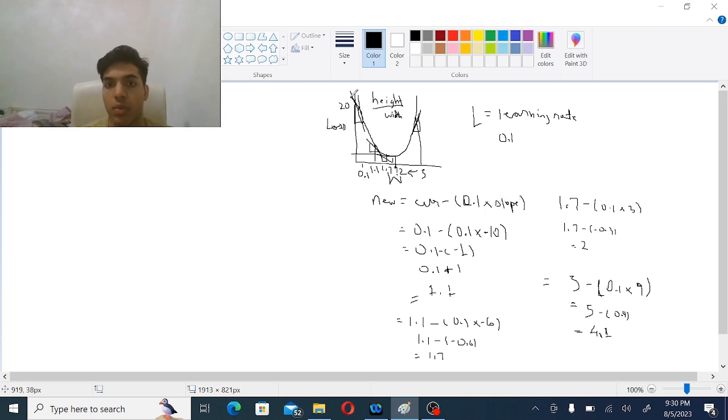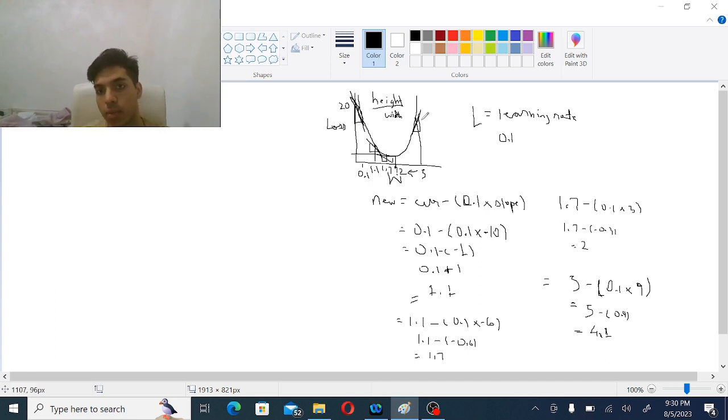When we are far away from the optimal point, this part of the curve is pretty steep, so the slope is going to be a high value. If we're on the left side, we're always going to add because the slope is going to be negative, meaning we're going to add a large value. If we're adding a large value, it means we're taking a large step.